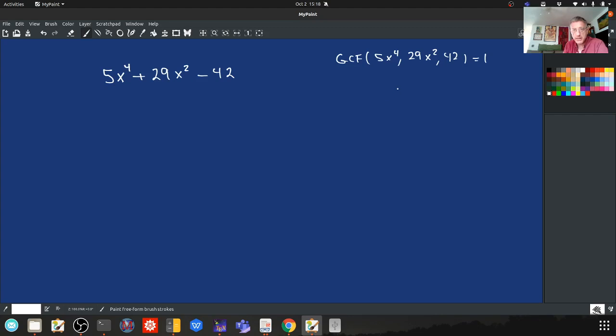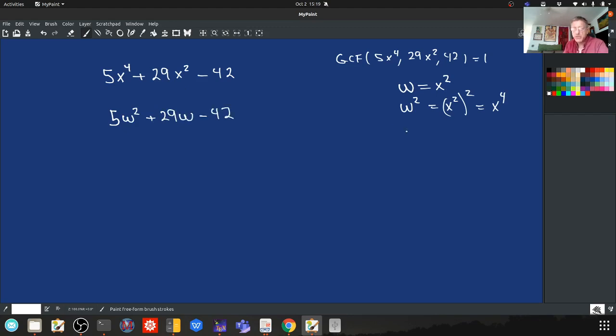So let's do that trick again. Let's let w equal x squared. Then w squared is equal to x squared squared, which is x to the 4th. And I got everything I need. So that means I can rewrite x to the 4th as w squared, plus 29, x squared is w, minus 42.